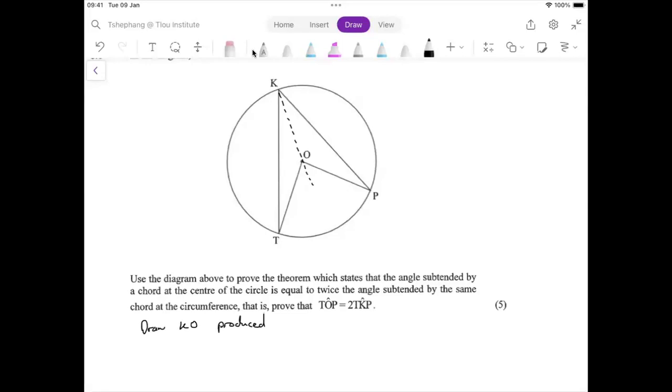Now we're going to say that this is K1 and this is K2. Even our O is going to be separated into O1 and O2. Hope everyone is with me there.